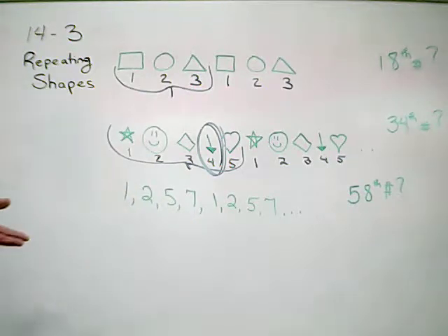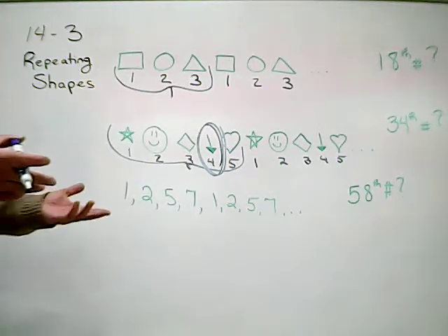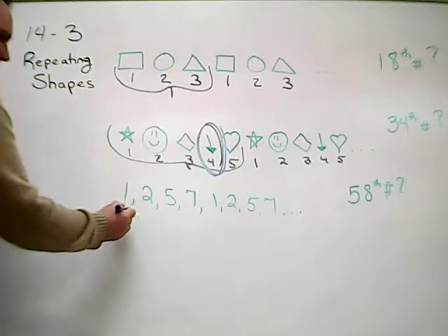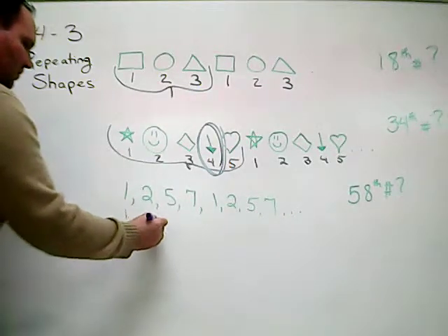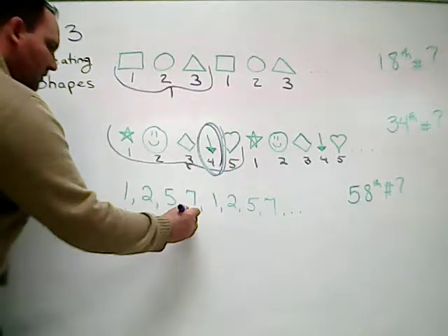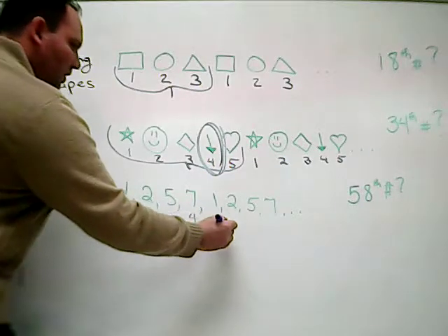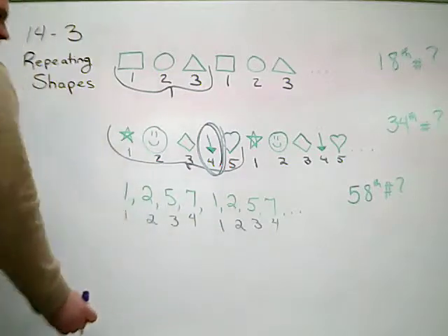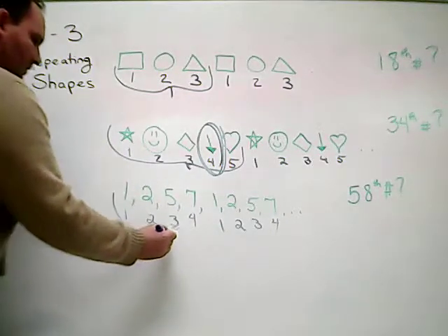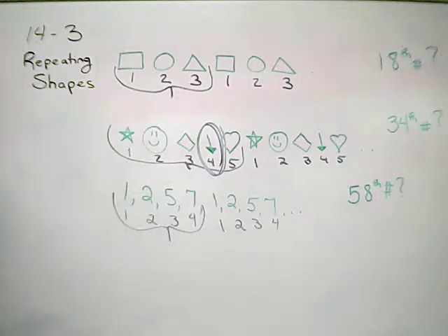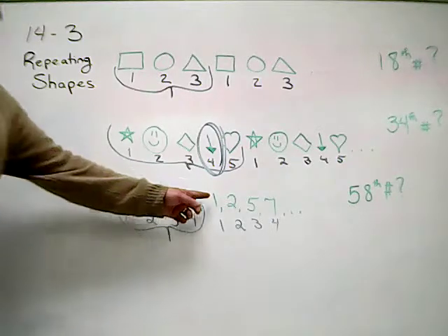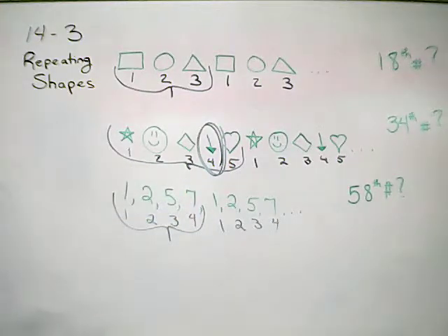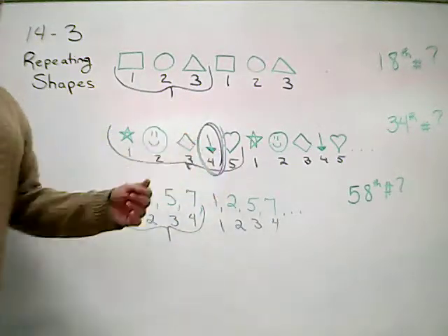Okay, these are just a set of numbers that happen to be in a pattern. And my pattern is 1, 2, 5, 7. 1, 2, 5, 7. And as you can see, there's 4 numbers in my pattern set, because my pattern starts to repeat right here. And in this case, I want to find the 58th number.